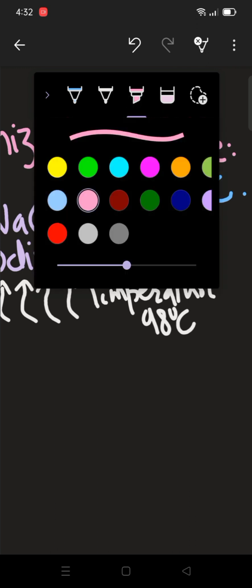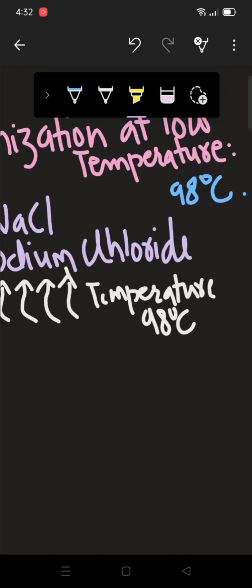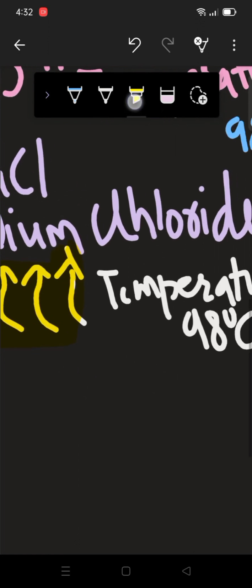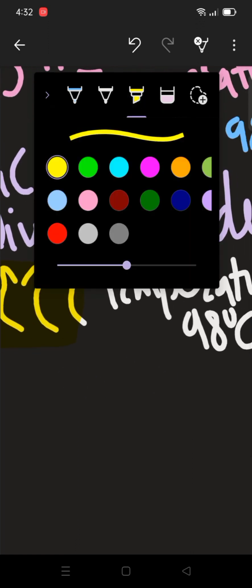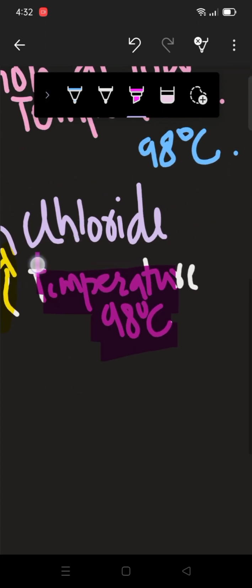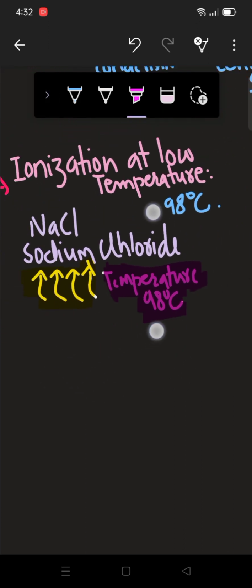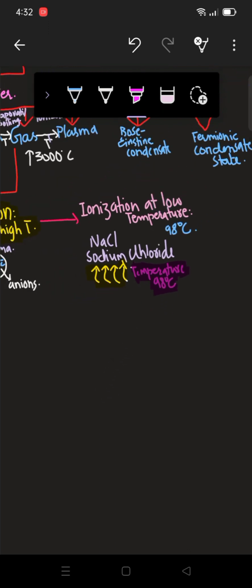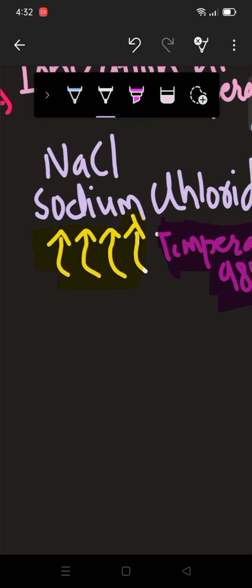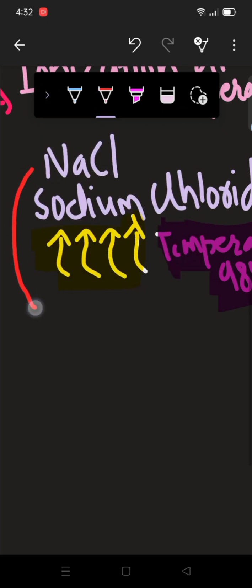Wait, let me highlight this. This is the temperature, and this is basically 98 degrees centigrade. So we have provided a temperature of 98 degrees centigrade to the NaCl. Thus it has converted itself into ions.